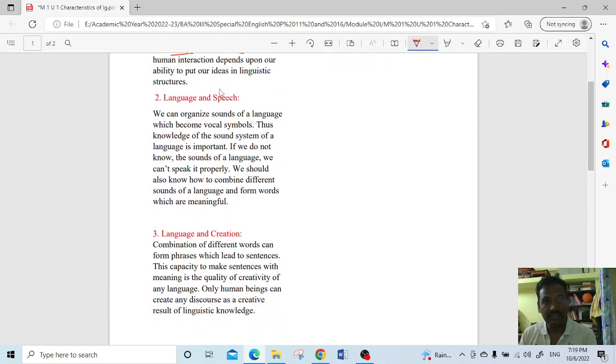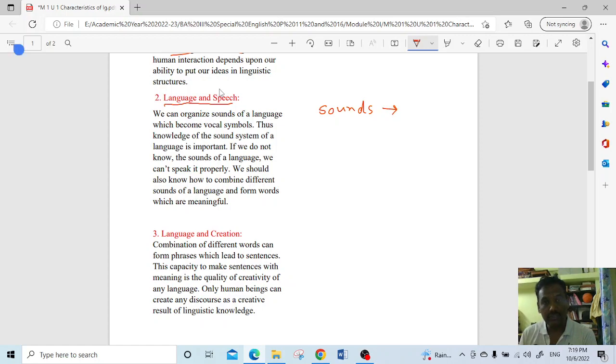The next characteristic of language is language and speech. What does that mean? It means that when we utter or pronounce language, we use sounds.